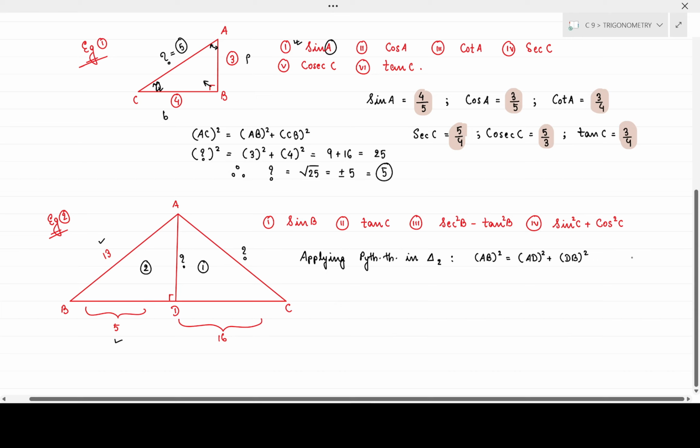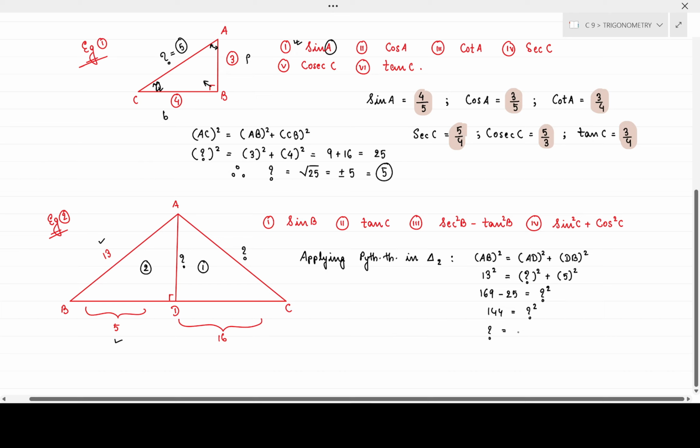Now AB square, 13 square, equals AD square, which is to be calculated, plus DB square, 5 square. 169 minus 25 equals question mark square. 144 equals question mark square.